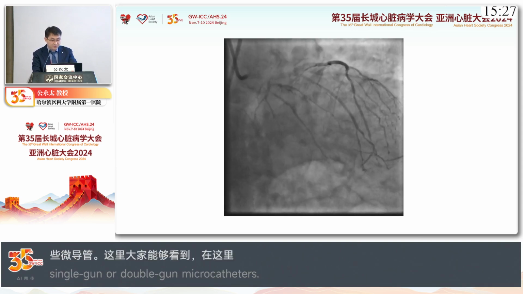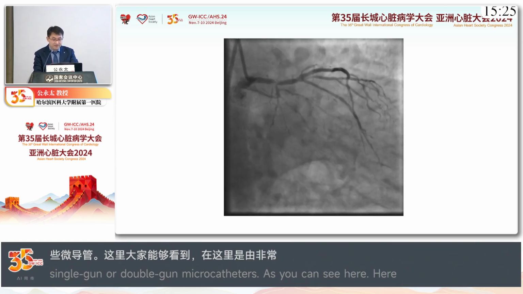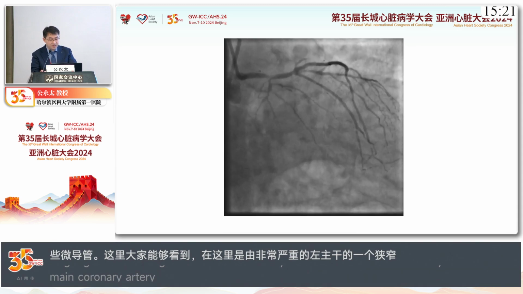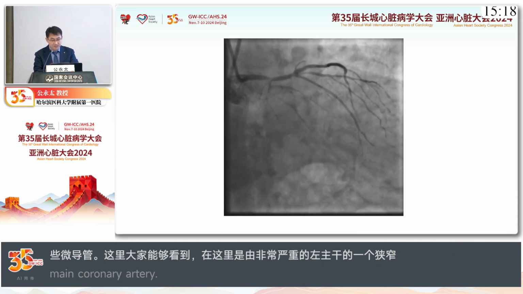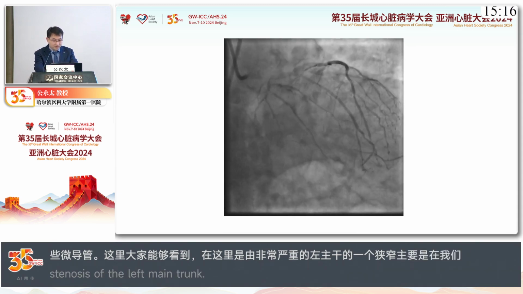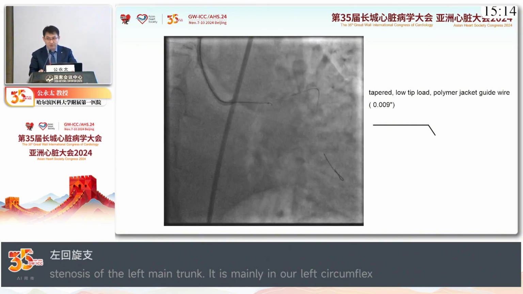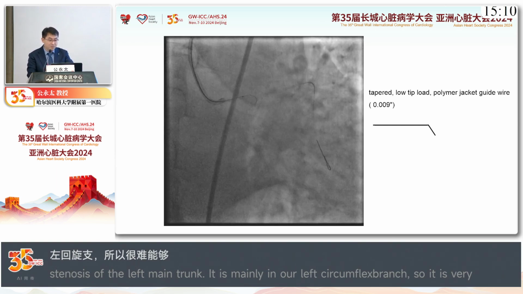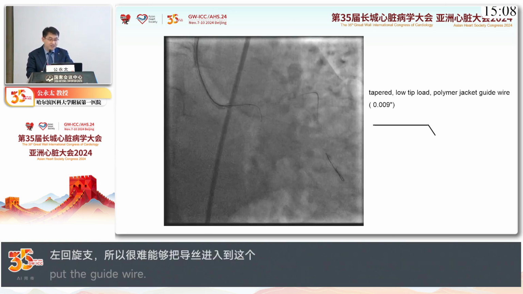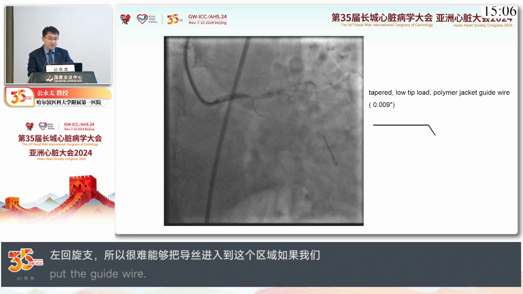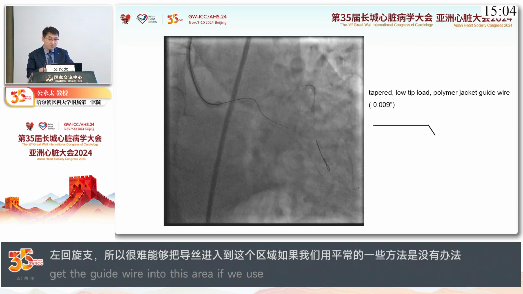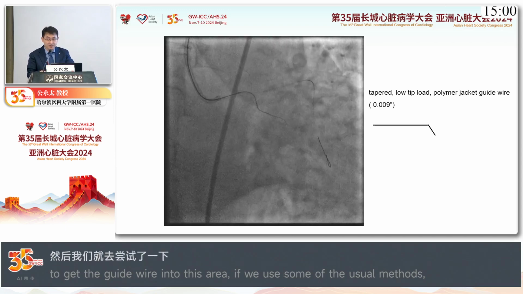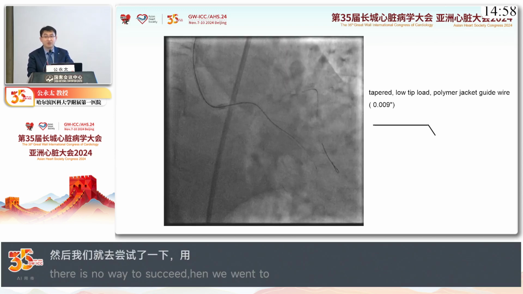For this case, we can see a very significant stenosis of the distal left main with a large angle at the left circumflex ostium. So it is very difficult to enter the wire using the common method. Then we tried a tapered, low tip load, polymer jacket guide wire with the support of a microcatheter.